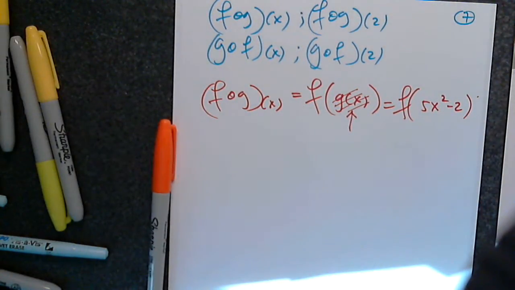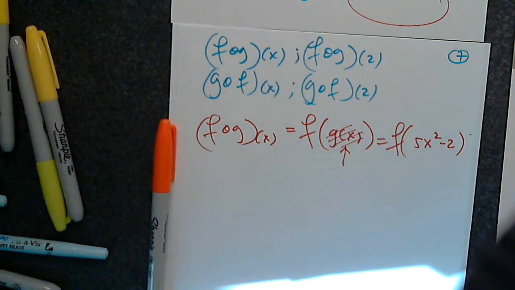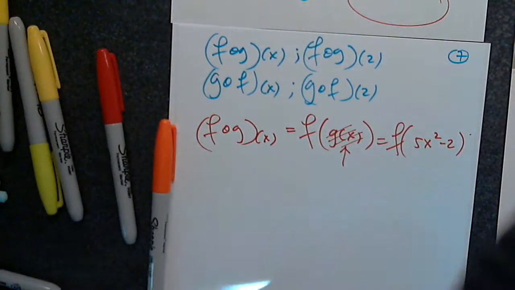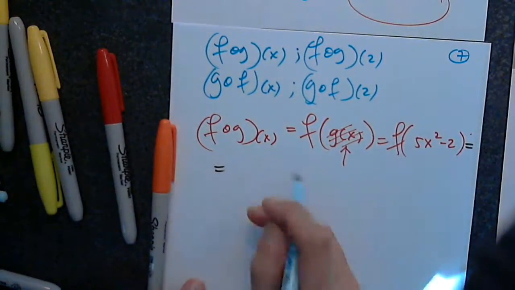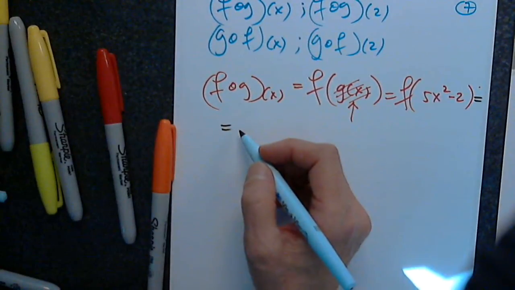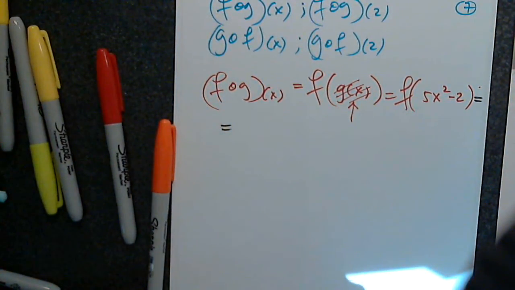Now I look at f. Let's go back and understand what f is telling us to do. f says 4 times something, minus 3. So please dictate. How do I write this?